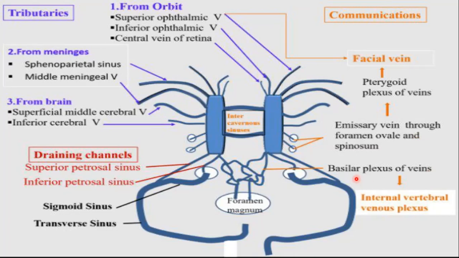Okay. Also, the basilar venous plexus can communicate with the cavernous sinus, and the basilar plexus also communicates with the internal vertebral venous plexus, which I said freely communicates with the external vertebral venous plexus, which communicates with the posterior intercostal veins.